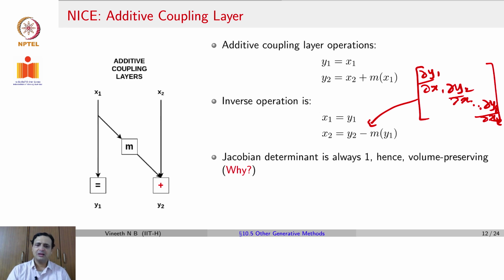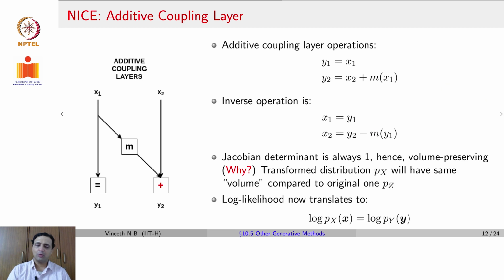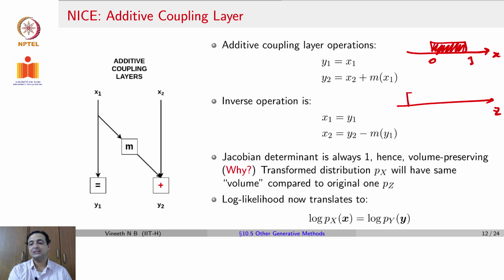Remember we said the Jacobian determinant is an estimate of how much the volume changes. For example, if you have a random variable x which has a certain density, say between 0 and 1, in this case a uniform density. If you had another random variable, say z, which goes from say 0 to 3, if its volume was like this, then you can see that the gradient would give you an answer to be 3.